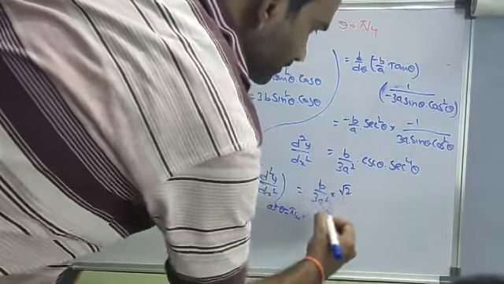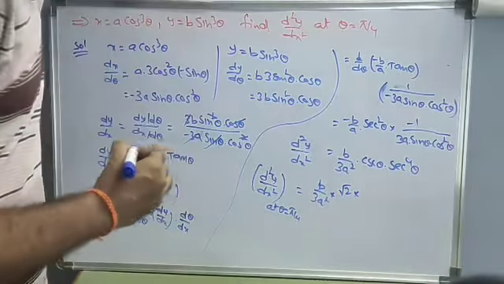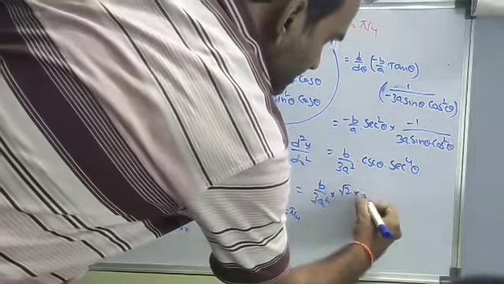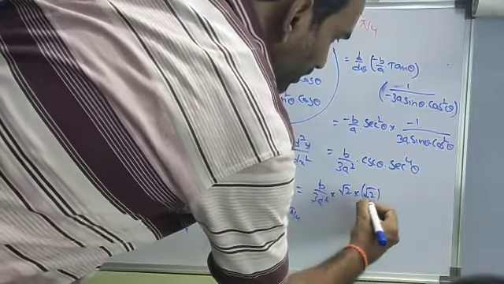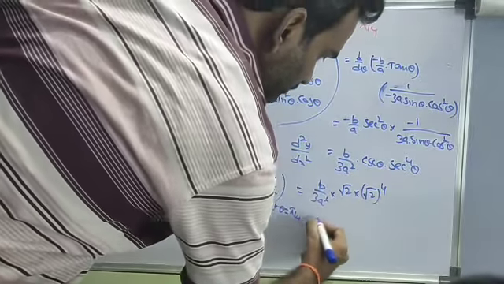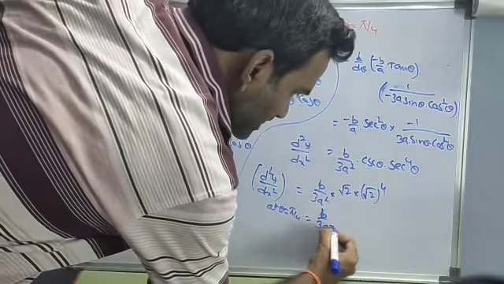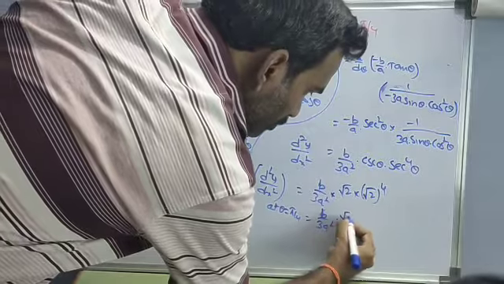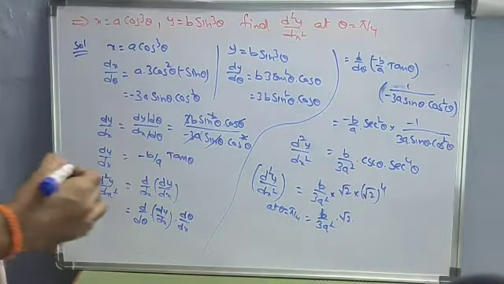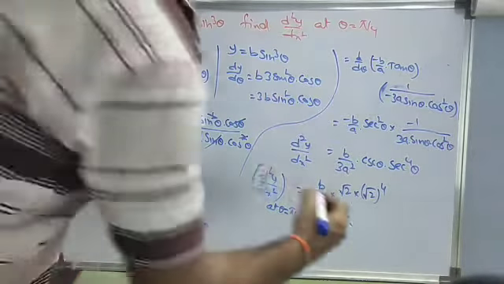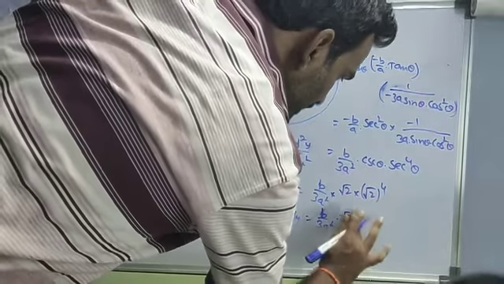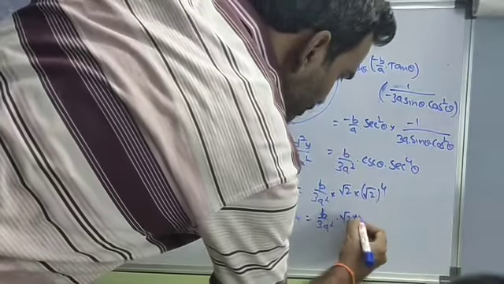And secant power 4 means this is also root 2 whole power 4. So my answer is b by 3a square root 2 into root 2 whole power 4, whose value is 4.